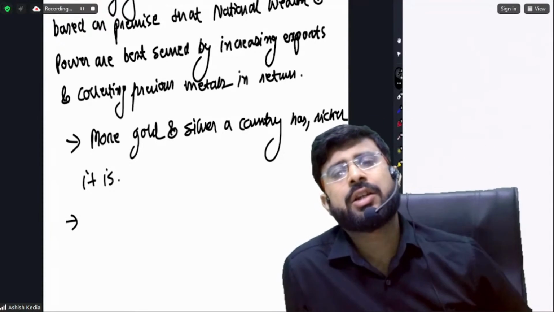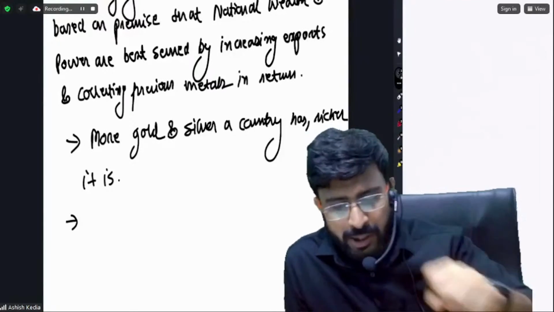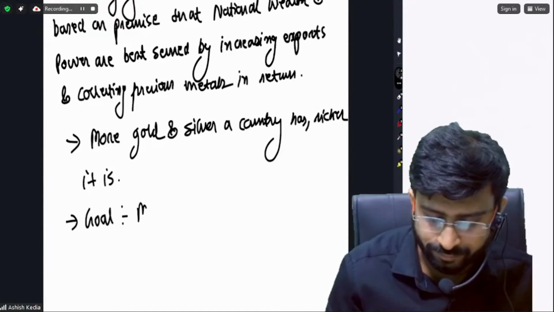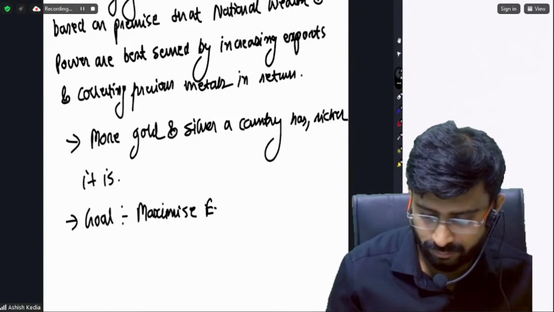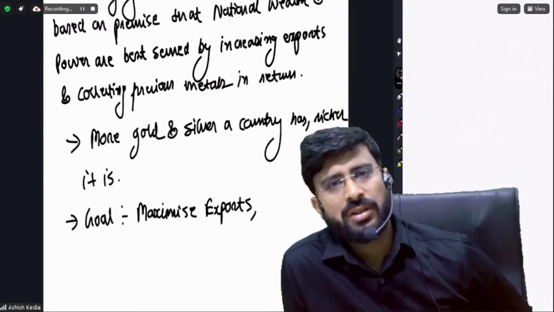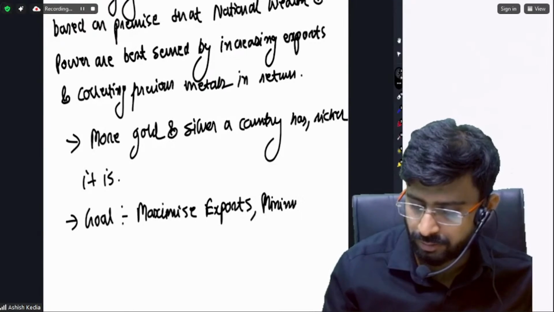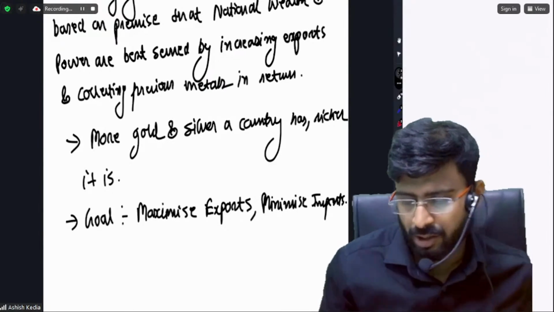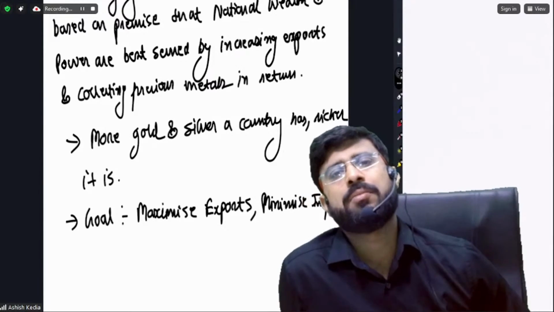Here it is said that the goal should be maximize exports, minimize imports.